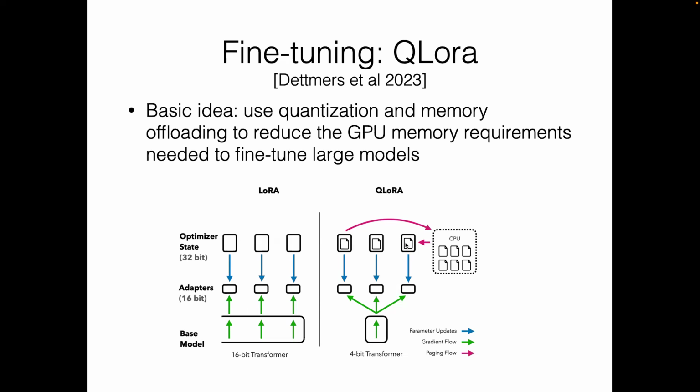Additionally, they do this paging. So if you run out of GPU memory, you can split things apart and offload things to CPU. So this will slow down the fine tuning. But then they have these nice results that were kind of shocking at the time where they fine tune, I forgot exactly what it was, like a 175 billion parameter model on 1 GPU or 3 GPUs, something like that.